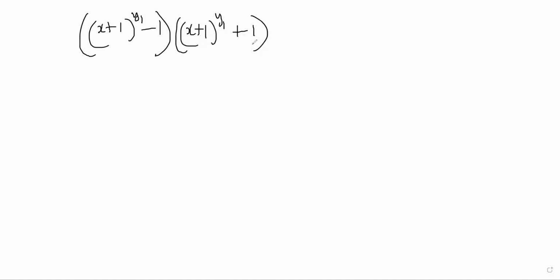And let's rewrite the main equation here. We have x plus 1 power y1 minus 1 multiplied by x plus 1 power y1 plus 1 is equal to x power z, and x can be written as 2x1, so you have 2 power z times x1 power z, right?